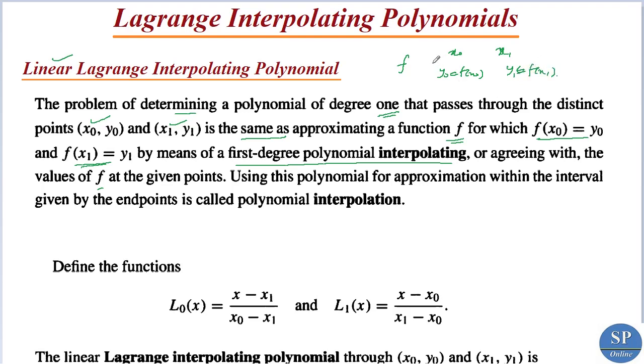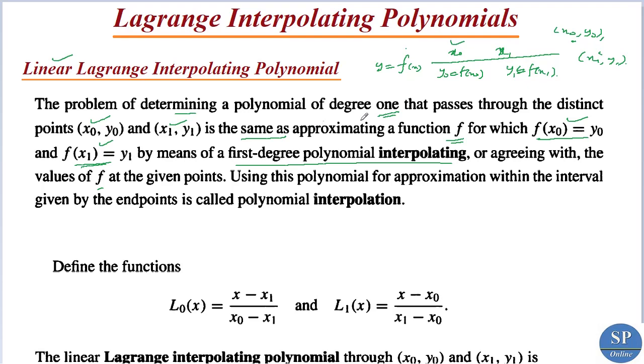So suppose we are given these 2 distinct points (x0, y0) and (x1, y1). That means f of x0 equals y0 and f of x1 equals y1, meaning that the graph of the function y equal to f of x passes through these two distinct points.